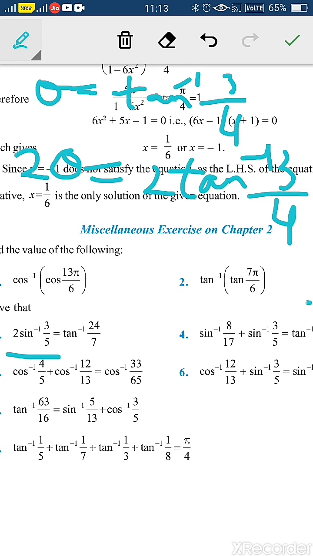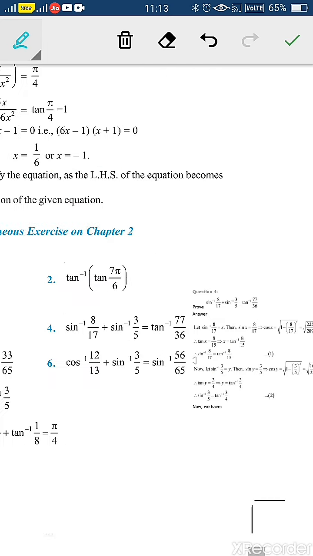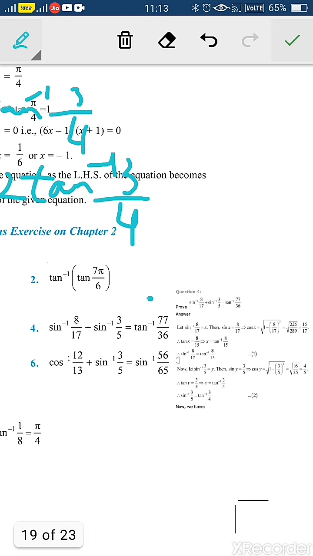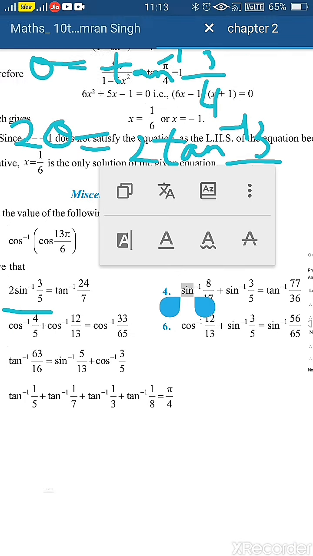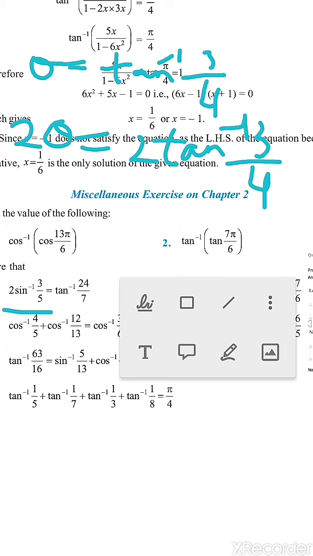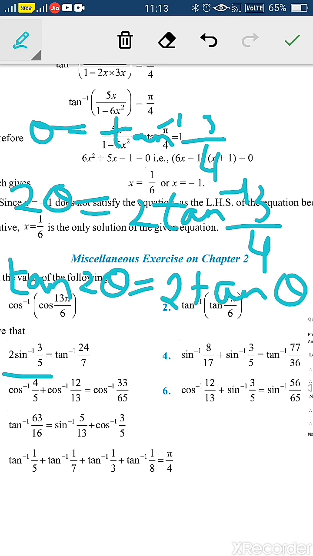Let us apply tan on both sides. Tan 2 theta is equal to 2 tan theta upon 1 minus tan square theta.